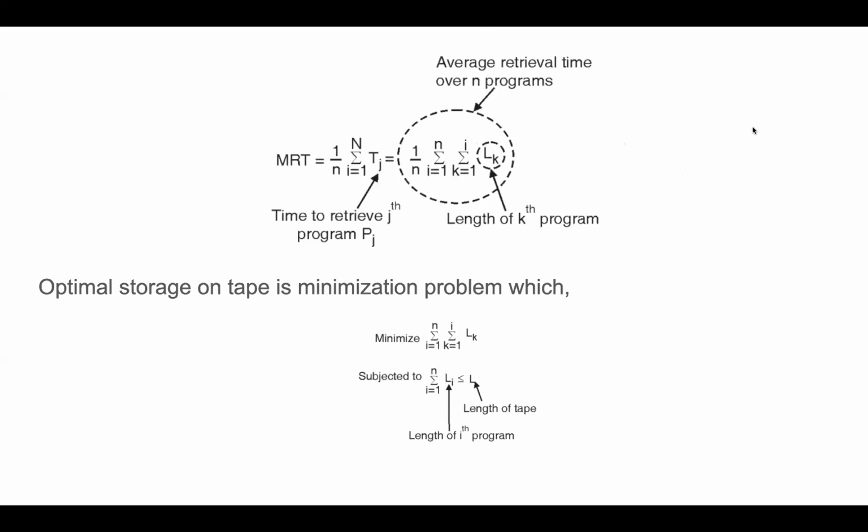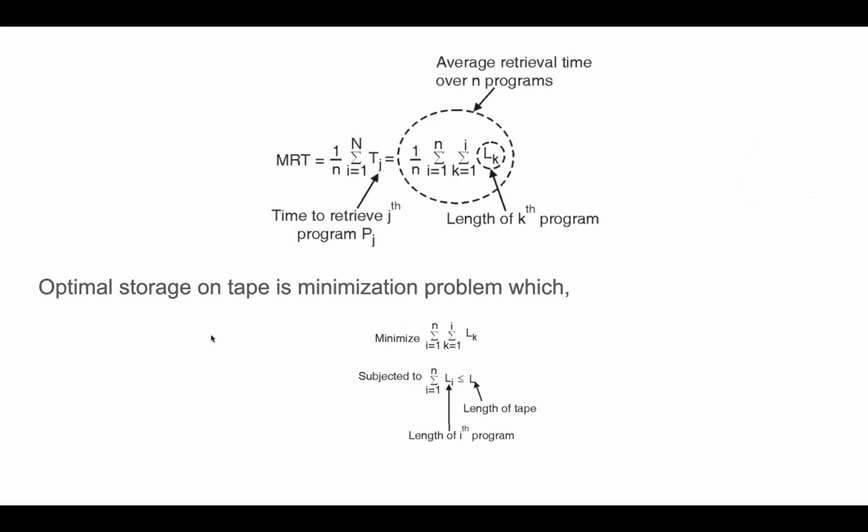We added the lengths of the first 5 programs and divided by 6, and then we come to the minimum retrieval time for that program.